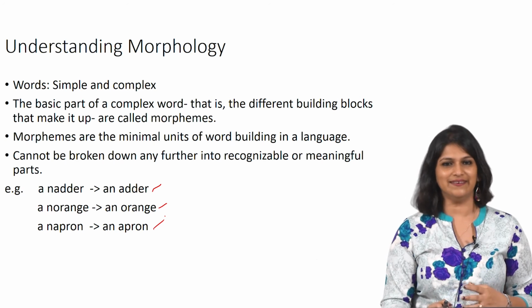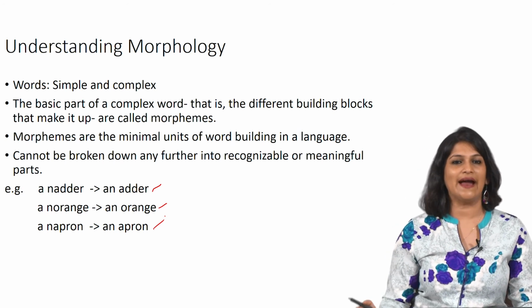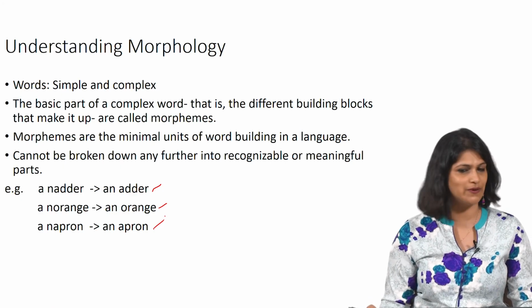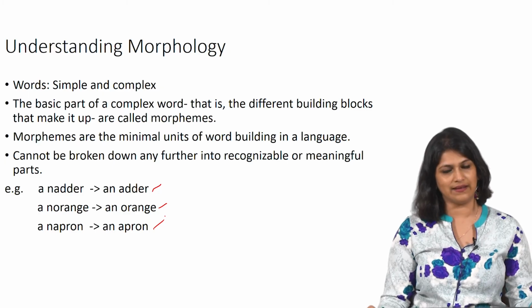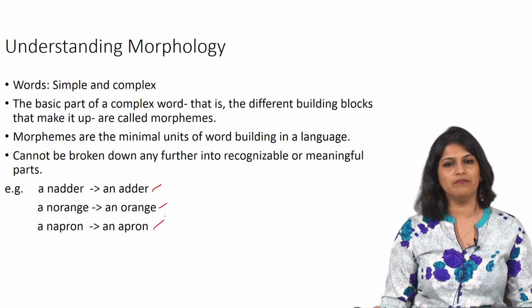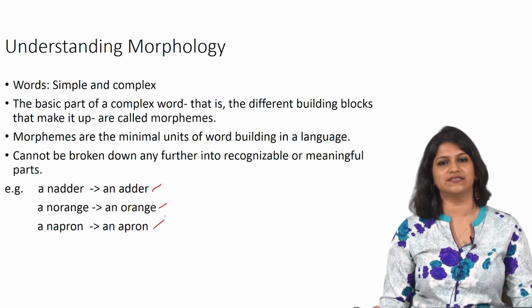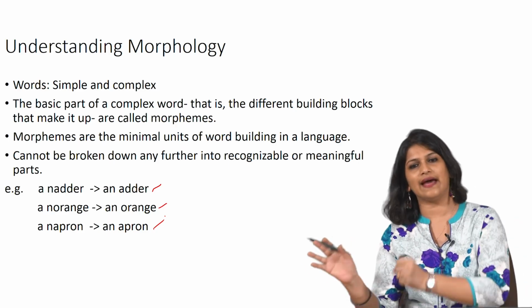You cannot say that a is a distinctive unit and nadder is a distinctive unit. It does not work that way, because nadder does not have any meaning. Rather, a and n have to come together to form a logical, meaningful unit. So, an is a morpheme and adder is another morpheme.